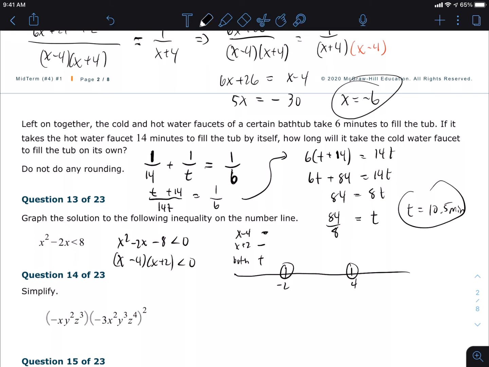So if I use a number like 0, for x minus 4 I'd get a negative. 0 plus 2 is a positive, so that's going to give me a negative. And then anything bigger than 4, they're both going to be positive, so this is going to be a positive. So we want to know where this inequality is negative. It's only negative between -2 and 4. And that's our solution for that one.